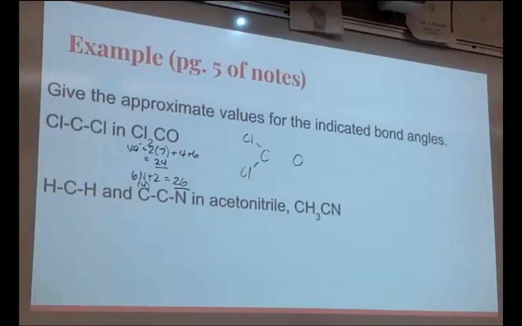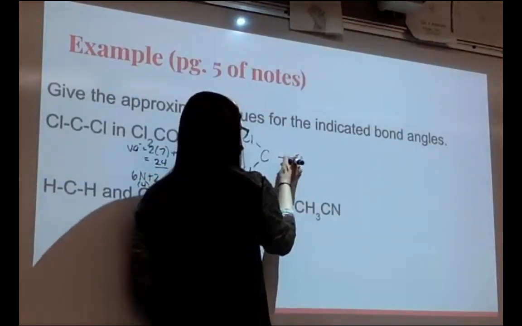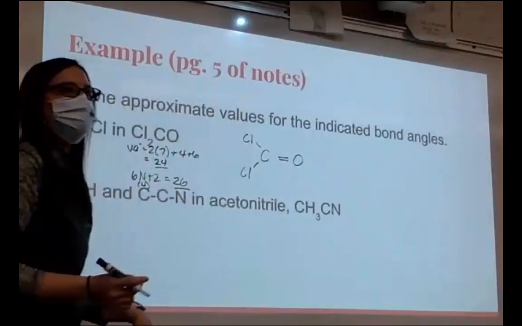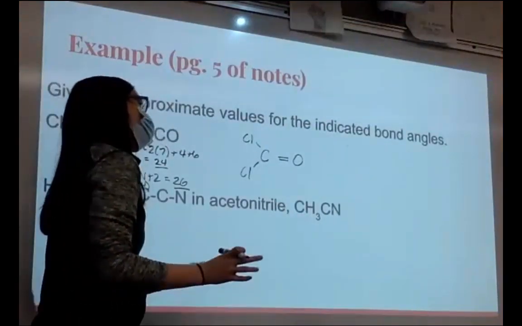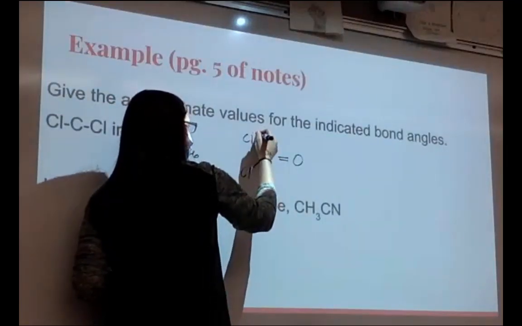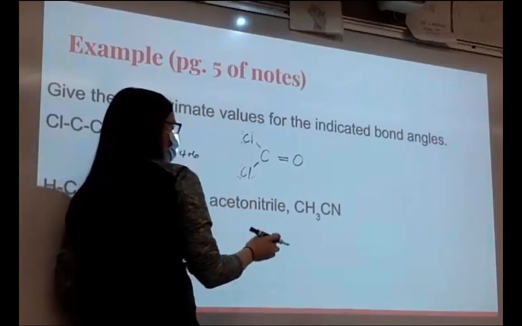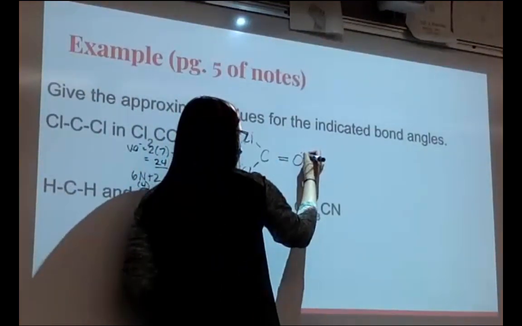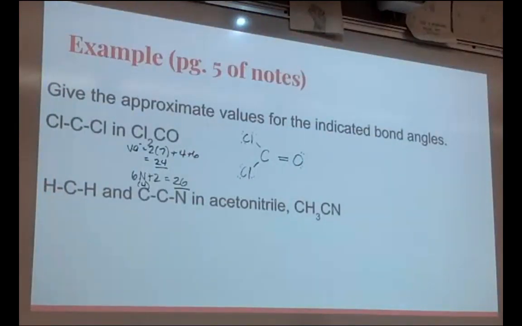So it's a difference of just 2, which means 1 double bond. Now that tells me exactly what I need right here. Now we want to make sure that all of the octets are filled. So right now, both of the chlorines only have 2 electrons. And right now, oxygen only has 4. So there is Cl2CO.